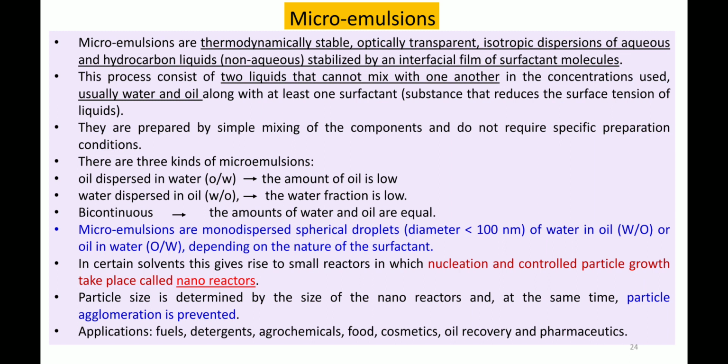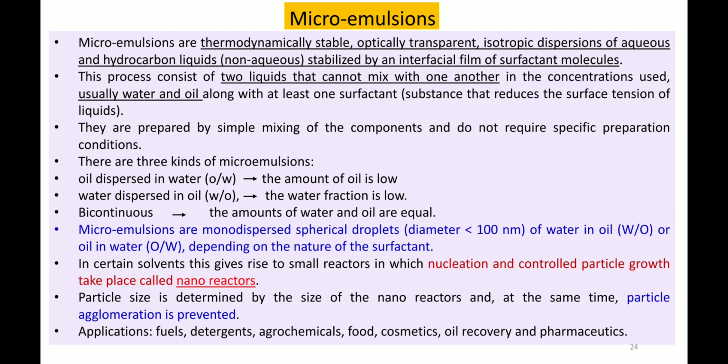When we were learning the self assembly process, you have to remember that the structure of the surfactant has a head and tail, a hydrophilic head and a hydrophobic tail. The interaction of that head and tail with water molecules is different.